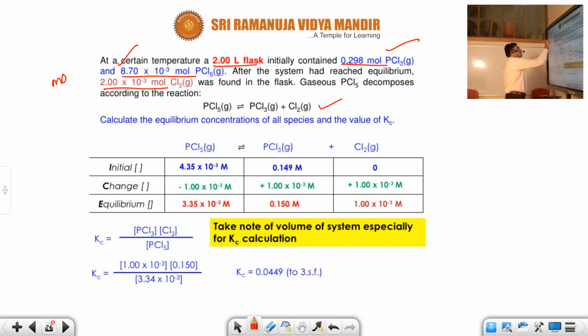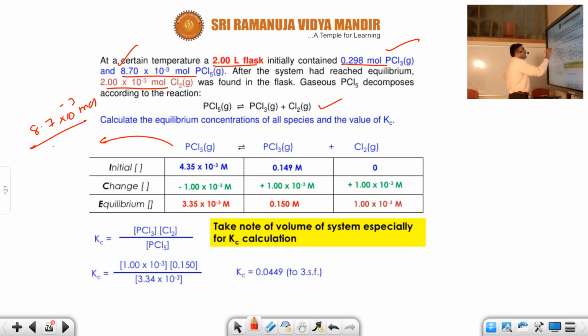Moles per liter is concentration. That means moles by 2. Try to understand here. Very simple question. Initial moles is how much? Initial moles of PCl5 is 8.7 into 10 power minus 3.